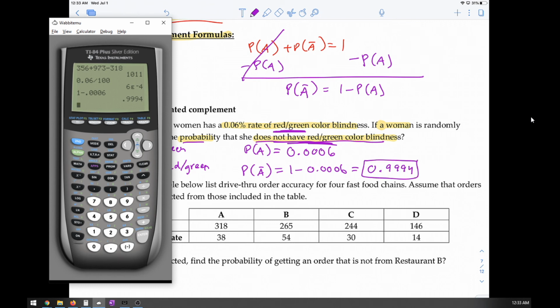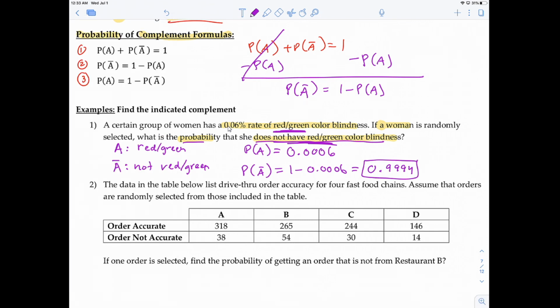And it makes sense, and I'll explain why. Red-green color blindness is very rare. This is a small probability, right? So the probability that a person does not have red-green color blindness should be very high. If it's a rare disease, the probability of not having it should be good, which this does indicate.